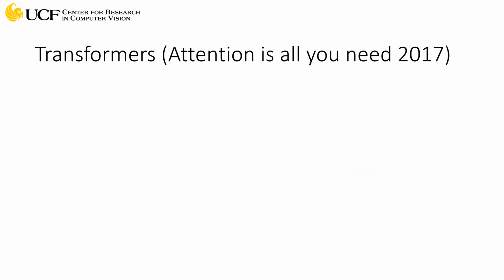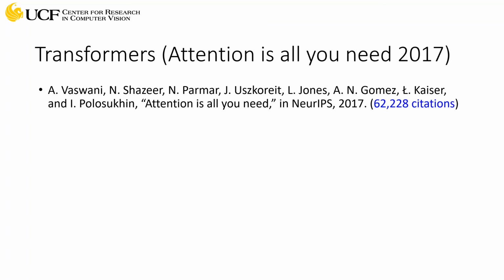So now this started with a very influential paper from 2017. The title was Attention is All You Need. Published in NeurIPS 2017, less than 5 years, maybe 5 years ago. It has 62,000 citations, so that's really amazing.